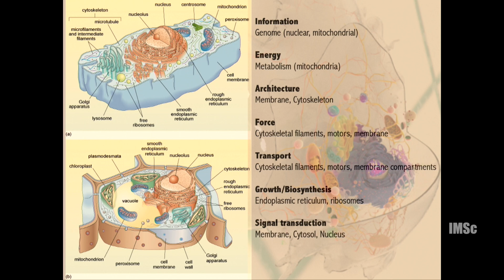The cytoskeletal filaments, which are essentially polymers, in conjunction with motors and through linkages with the membrane, can exert forces, but they can also help transport material between locations inside the cell. There's a sort of factory that contributes to new material that's needed for the cell to grow, and this includes organelles like the endoplasmic reticulum and ribosomes.